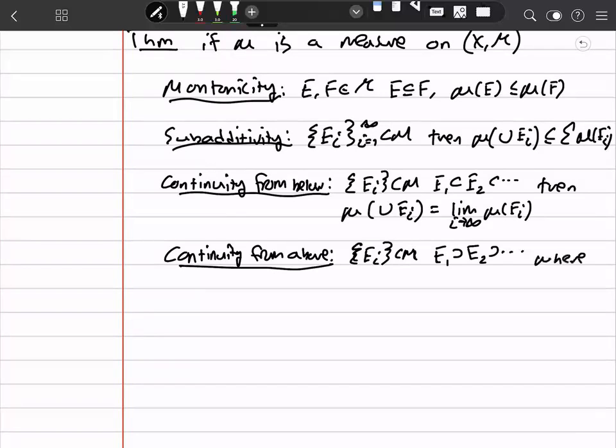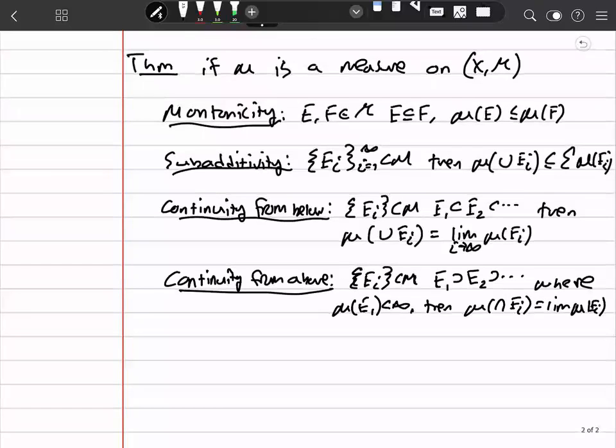Where we have one additional condition, we require mu of E1 to be finite, then mu of the intersection of E sub i is equal to the limit of mu of E sub i. So these are our four conditions: monotonicity, subadditivity, continuity from below, and continuity from above. Okay, and we'll work through some proofs of these.